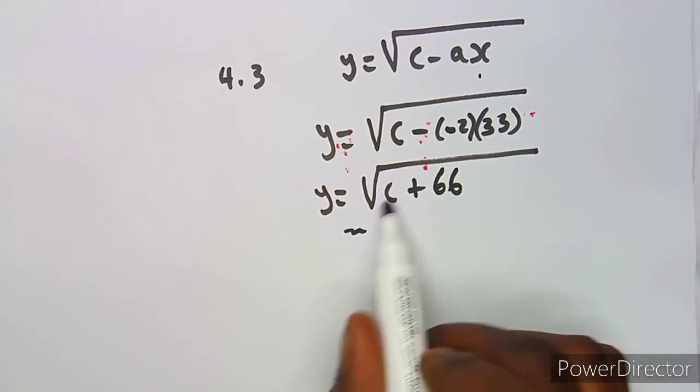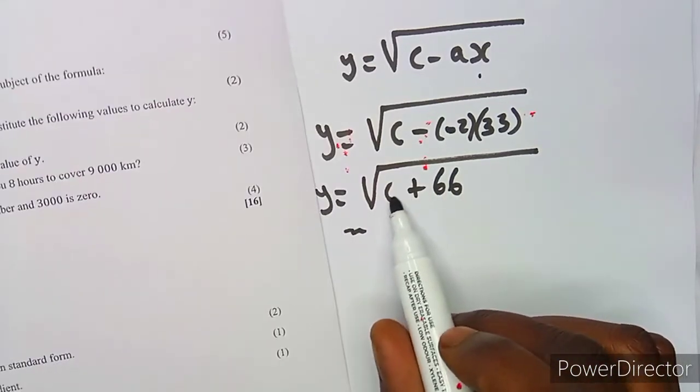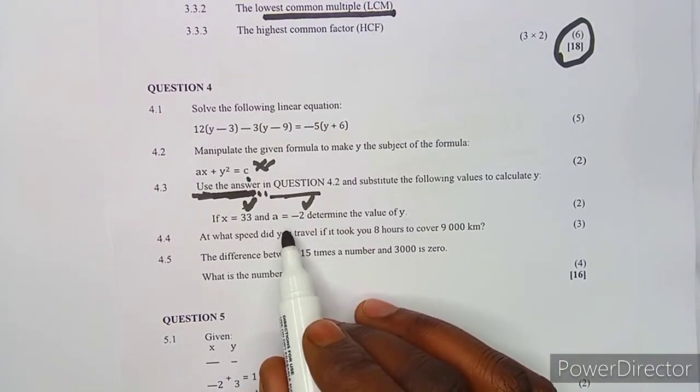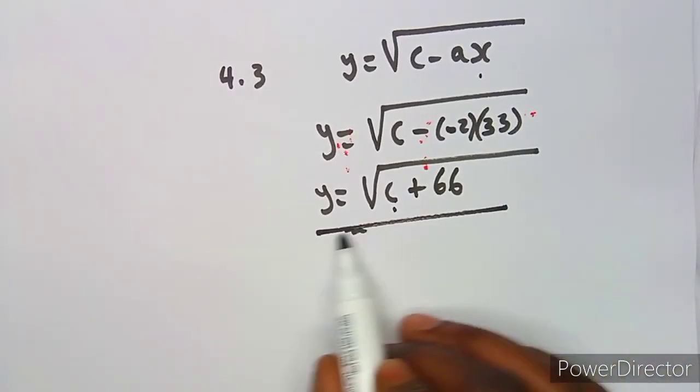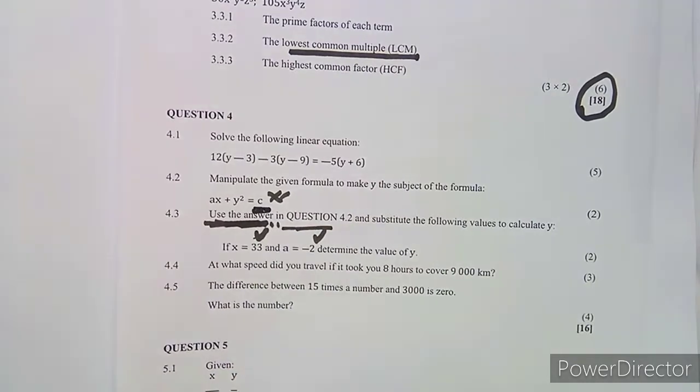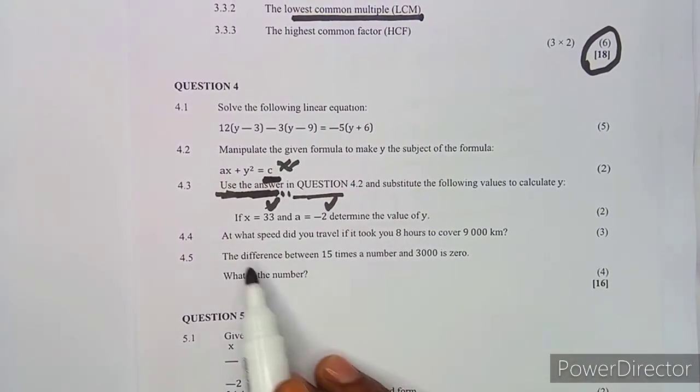If that c was there, then you just substitute the c here so that you can simplify. But as you can see, these are the only values that you're given. So if you're just given this, then that will be the value of y, which is square root of c plus 66. Since we are not given the c there, that's what we have.